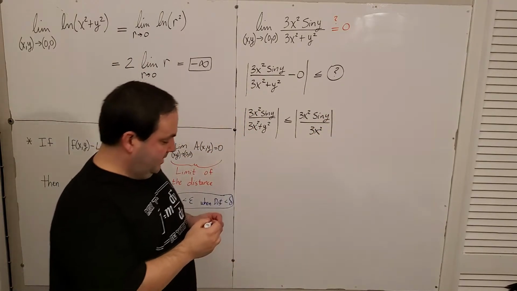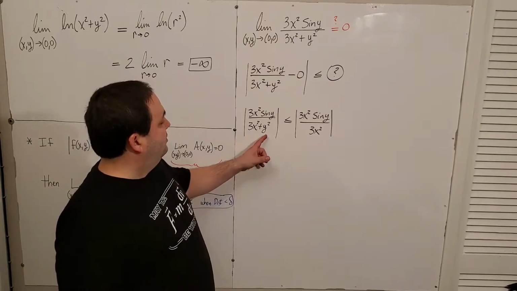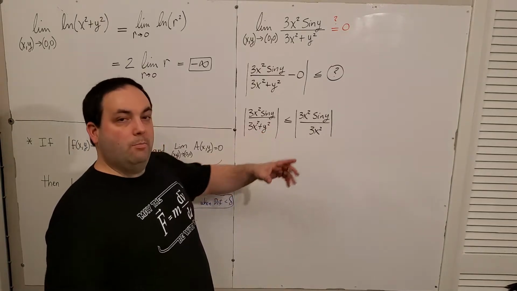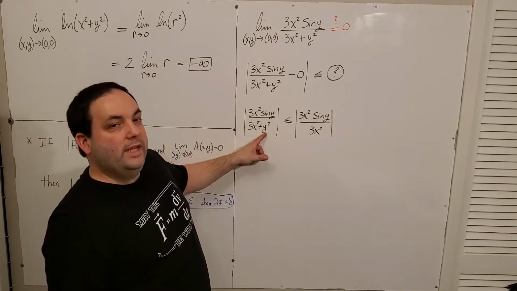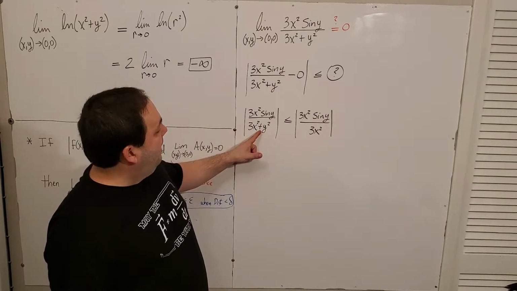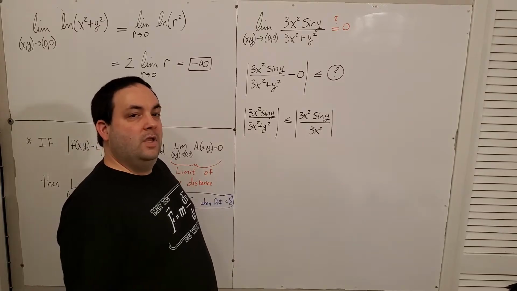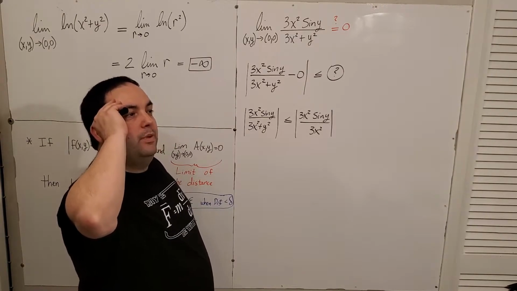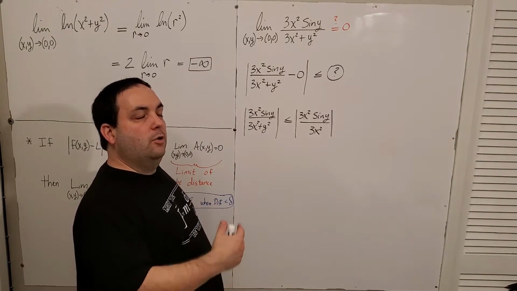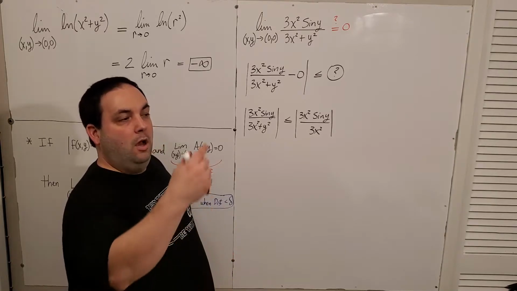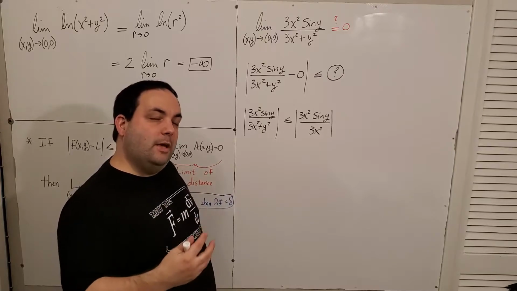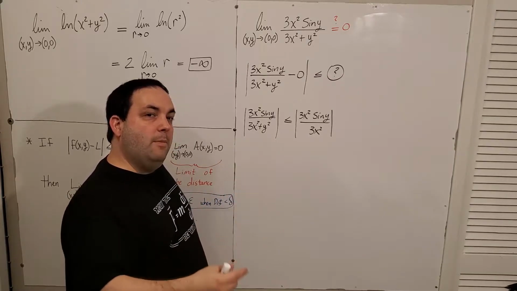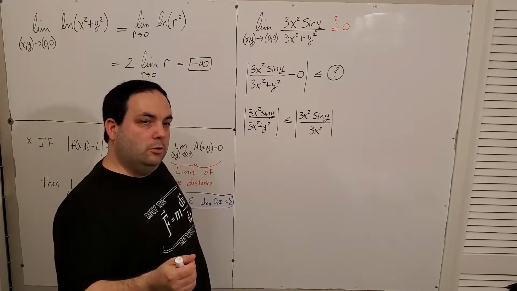How can I say that that's going to be true? Well, we're saying that y is some number and it's approaching 0, right? The squared makes it always positive, and then I'm adding it in the denominator. Think about it for a second. What happens every time you make a denominator bigger, right? 1 over 2, 1 over 3, 1 over 4, 1 over 5. Every time I make a denominator bigger, I make the overall value smaller, right?